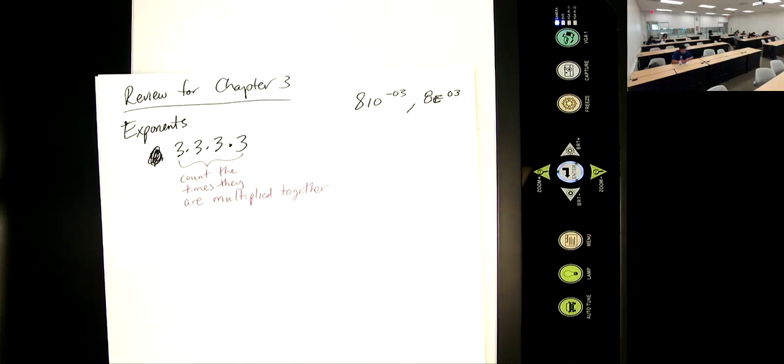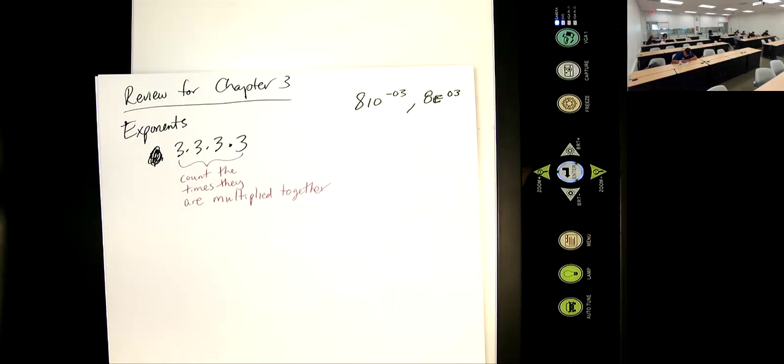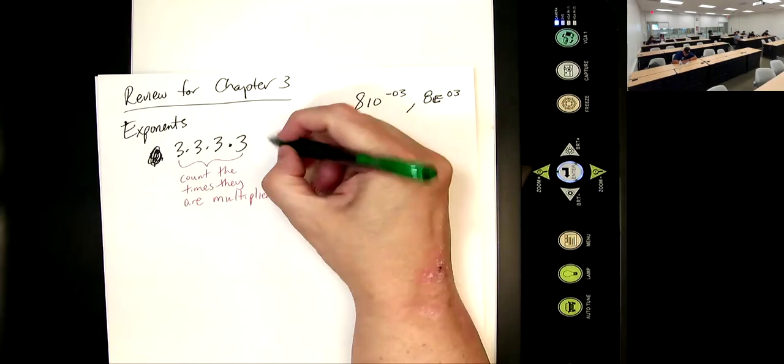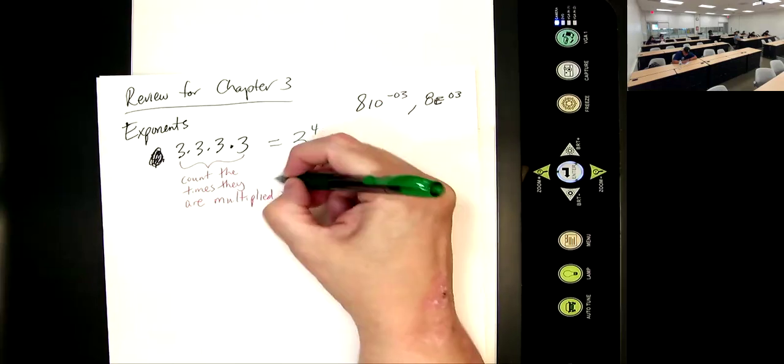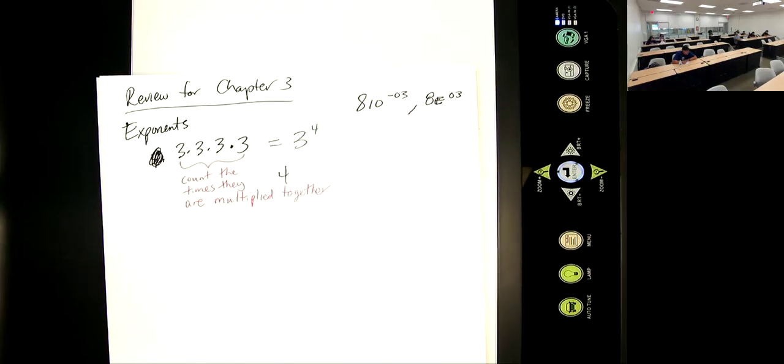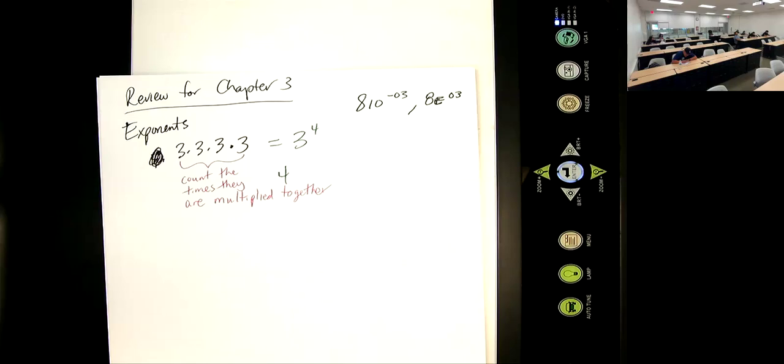And what do we get? There's 4. Not 12. We're not adding them.